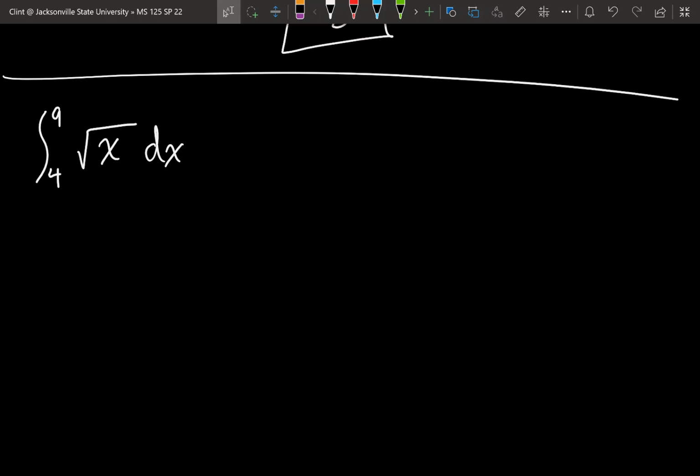Yeah, change it to 1/2 power. So we can do the same thing here and it'll be helpful as well. So we can change it to the 1/2 power and then do the power rule in reverse, okay, to get our antiderivative.